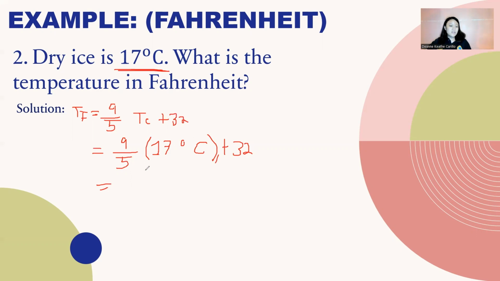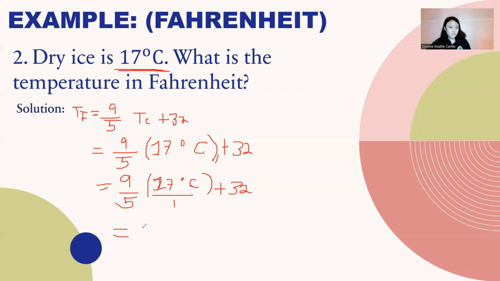After. Let's bring down 9/5 again. And let's put the numerator 1. It's always been like that. Plus 32.